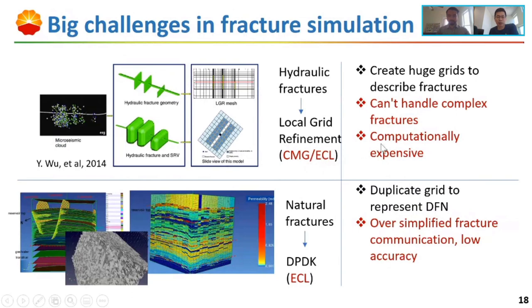Today, I'm not going to talk about it much, although we did an excellent job on that part. And for natural fractures, we know DPDK was maybe the only previously dominant option. But DPDK, as we all know, is a simplification process. Of course, during the simplifying process, resolution will be compromised.